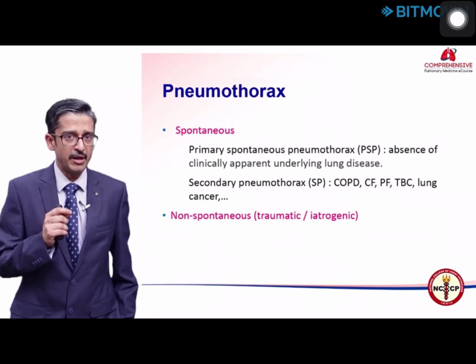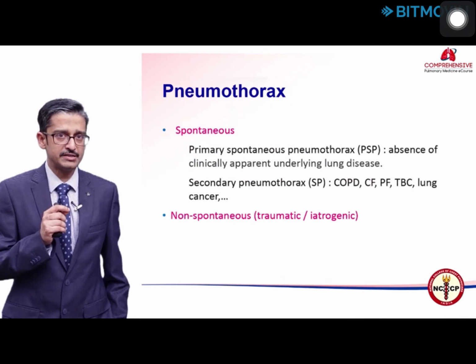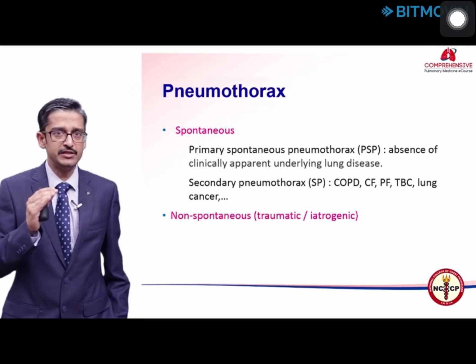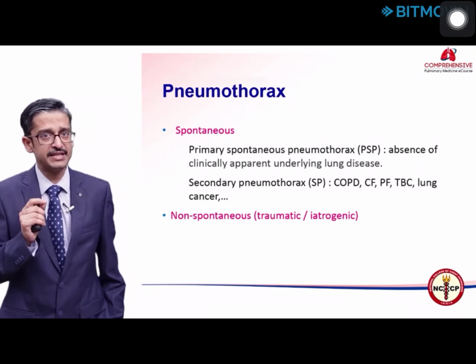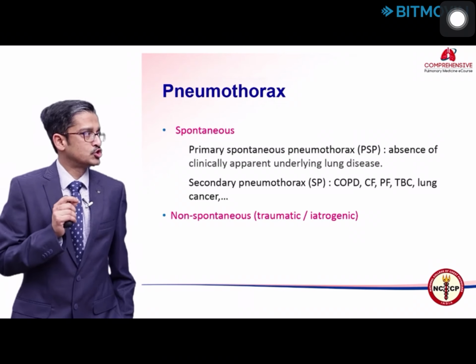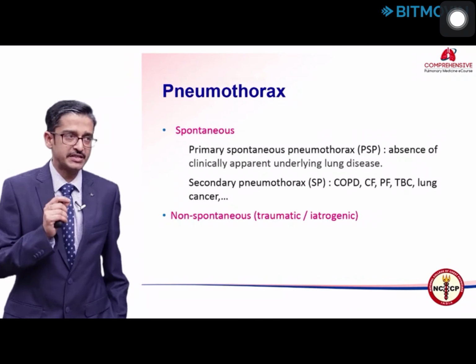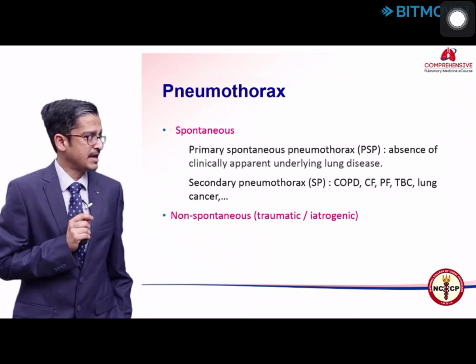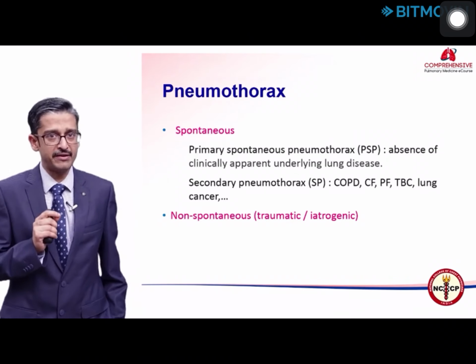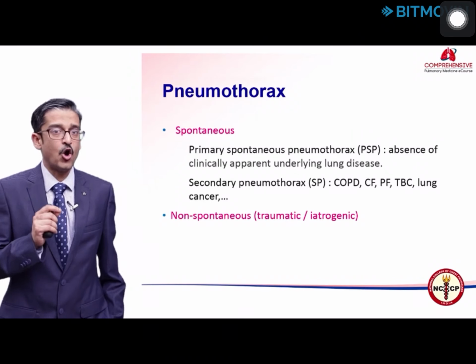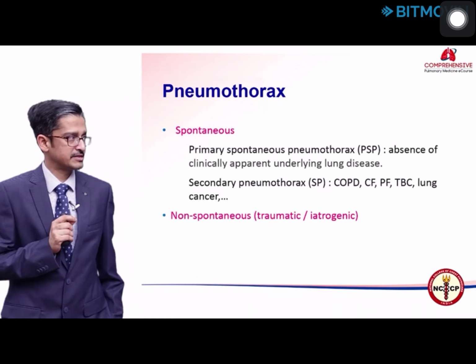When you think about primary spontaneous pneumothorax, I am going to tell you something which is slightly different to what the long-standing ideas have been. So, primary spontaneous pneumothorax conventionally is thought to be absence of clinically apparent lung disease over which you get a pneumothorax.